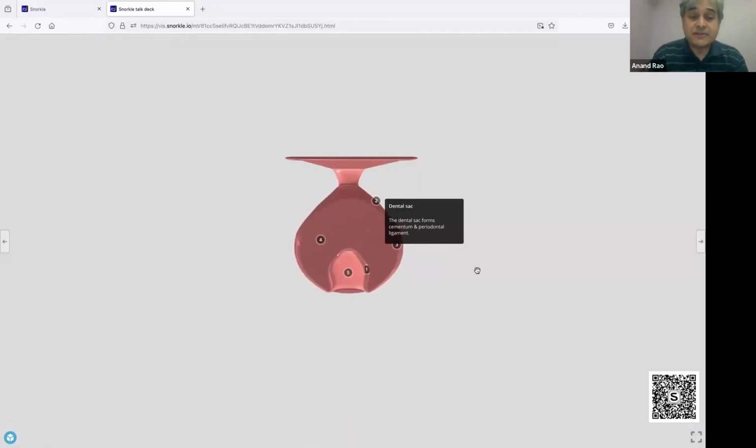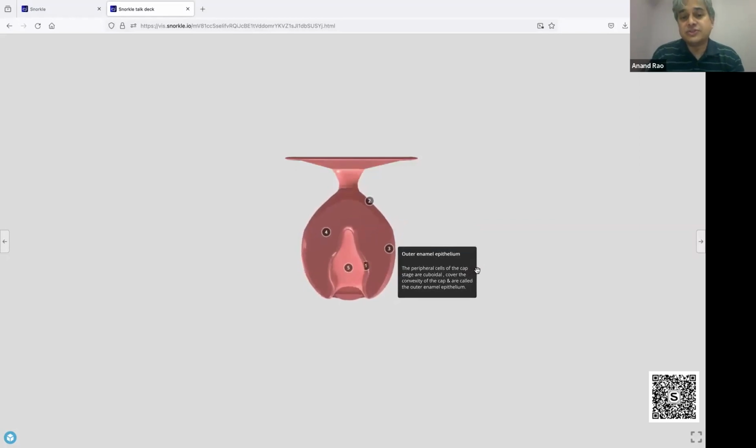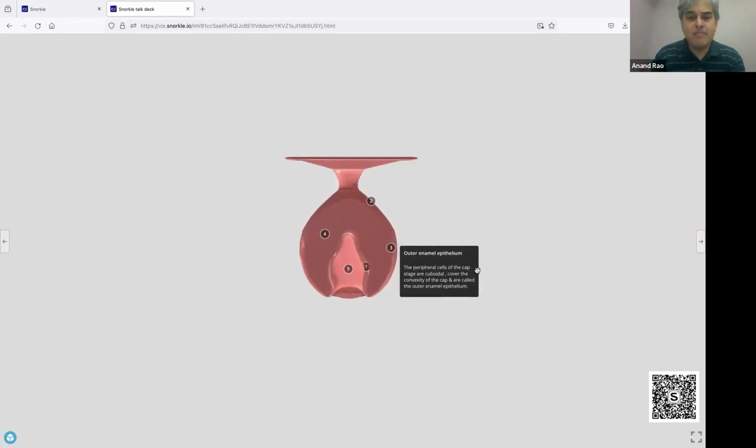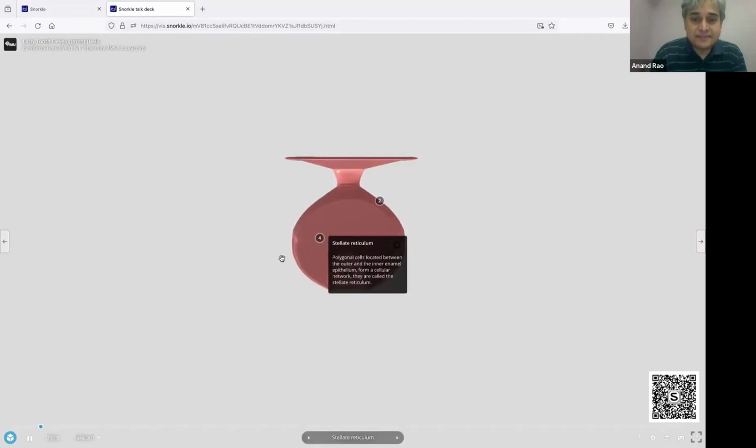So in very simple terms, the cementum is what surrounds the root. The periodontal ligament is that cushion between your tooth and your jawbone that almost acts like a dampener. So it kind of breaks the fall. It does some other anatomical things, but we'll get into that a little bit later.